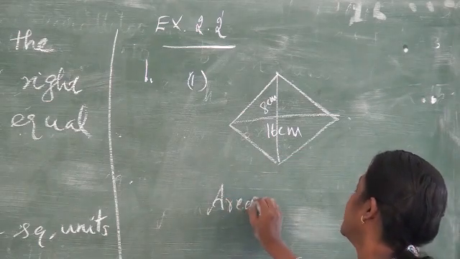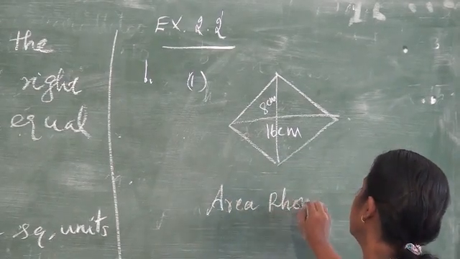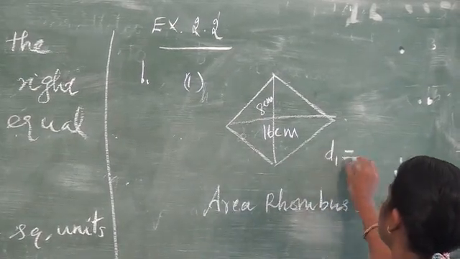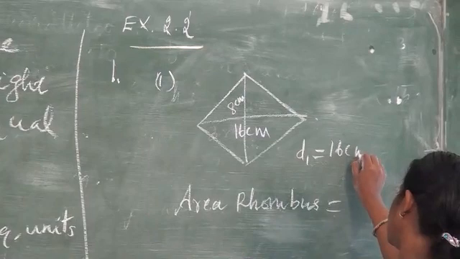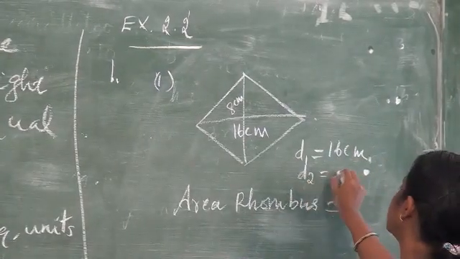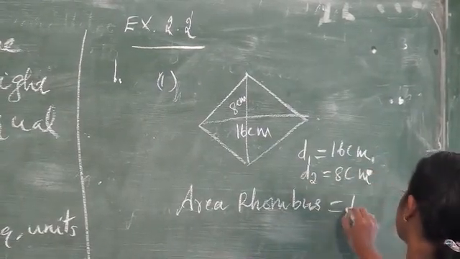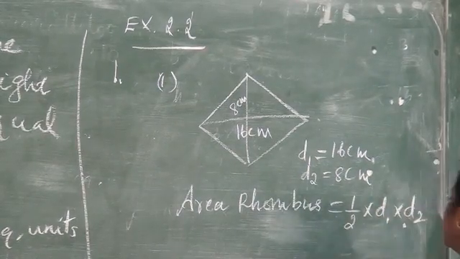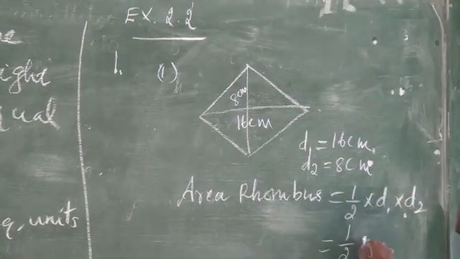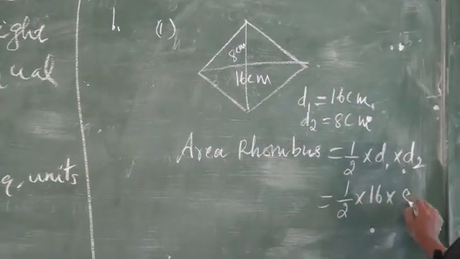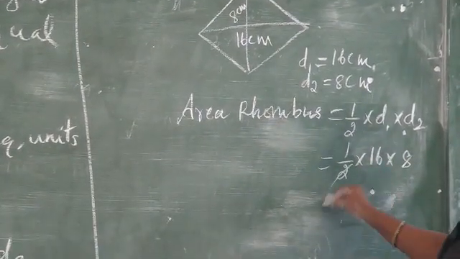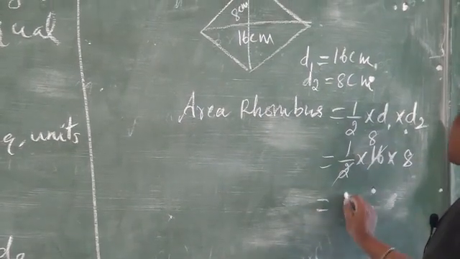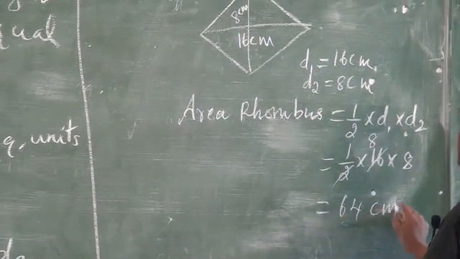Half into D1 into D2. What is D1 here? D1 equal to 16 centimeter, D2 equal to 8 centimeter. So area of your rhombus equal to half into D1 into D2. So half into 16 into 8. Cancellation method, how many 2's are there in 16? 8. So 8 8's are 64 centimeter square.